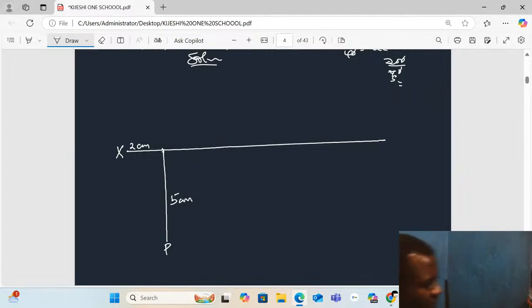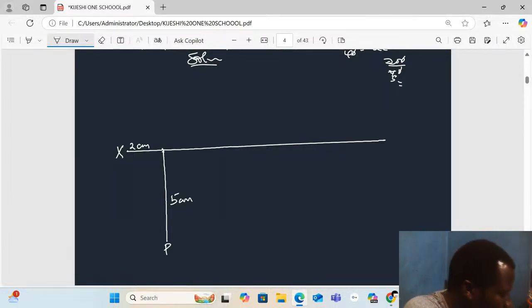So from 80 meters, we are only going to move 3 centimeters more. So we shall have our point somewhere here. Then we move left 160.